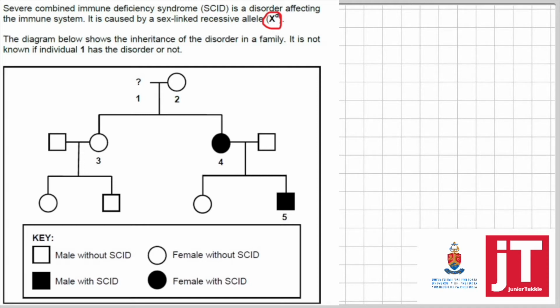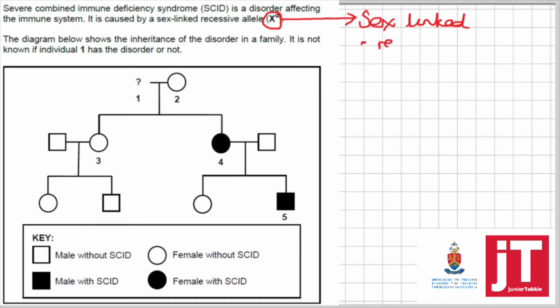In this case, SCID is what we're dealing with, and the X gonosome with a recessive d means that SCID is present on that specific gonosome. That means this is a sex-linked disorder, which we can quite easily track through a pedigree diagram.